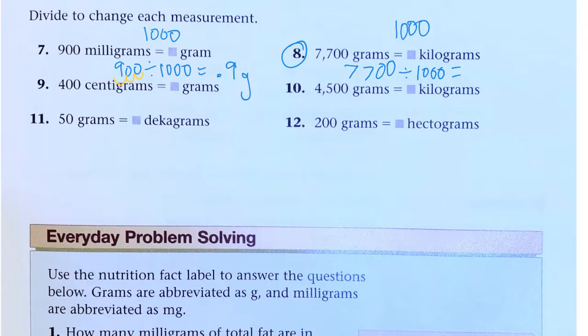So we're going to move the decimal place 1, 2, 3 times because there are 3 zeros in 1,000, and we'll get 7 7/10 kilograms. So that's how we can divide by our metric system and change from one unit of measurement to another.